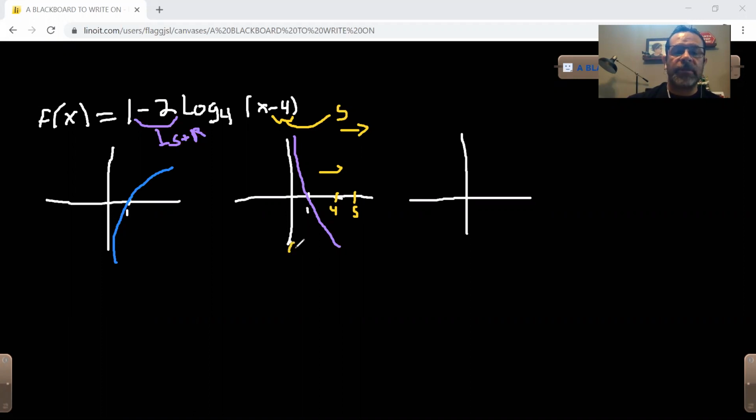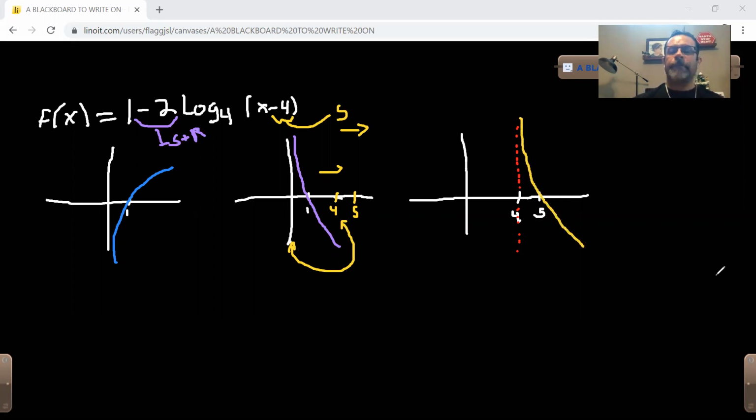This asymptote that we would have here in the y-axis, now it's going to be in 4. So I'm going to stretch this out a bit. We're going to have now 4 here, and we're going to have a 5. And so we're going to have an asymptote here in 4. And so this is going to come here like this, and it's going to cross in 5. Okay.